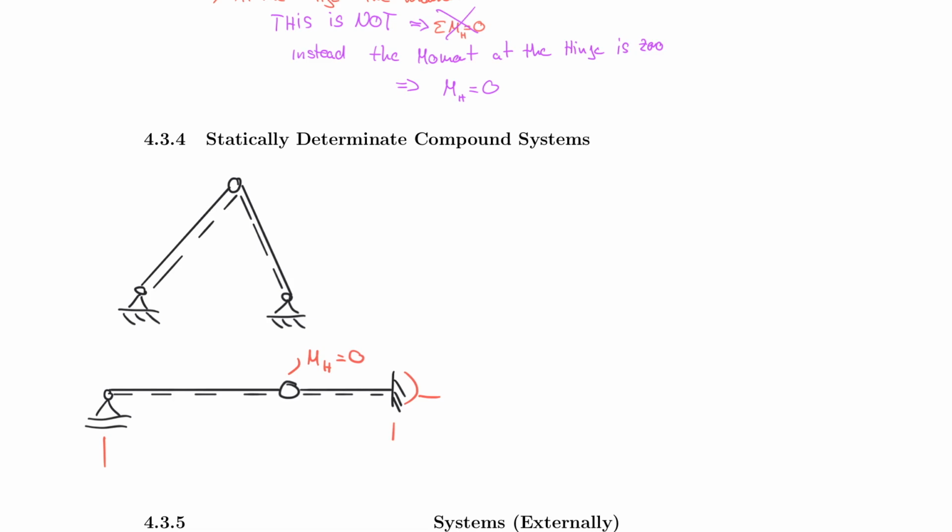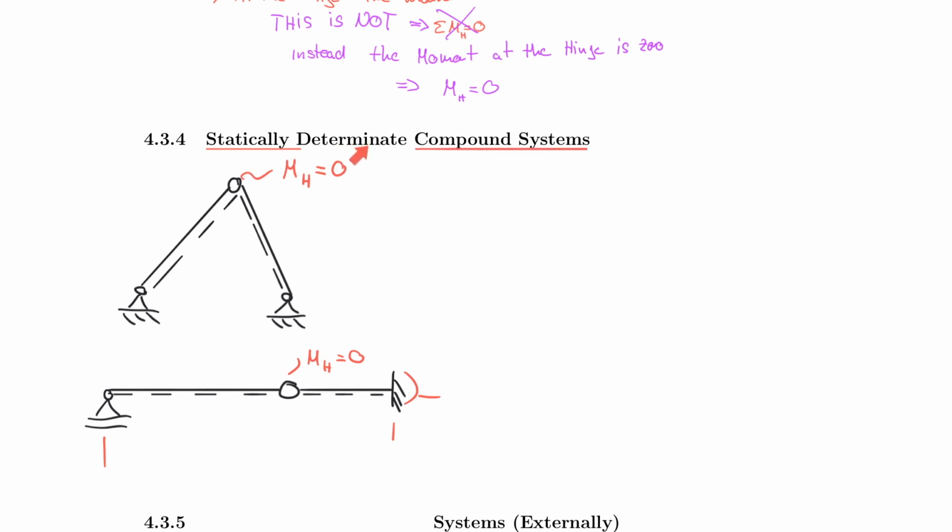And therefore, that is my initial condition or my boundary condition, which allows me to solve these 4 support reactions. This is true here as well. So let's write down that here I also have a hinge, and I know that the moment at the hinge is equal to 0.